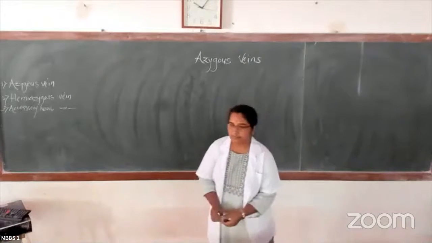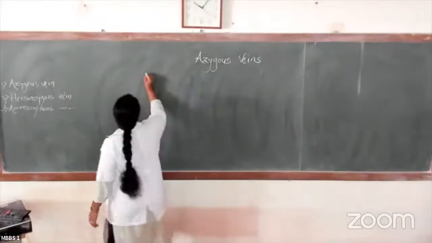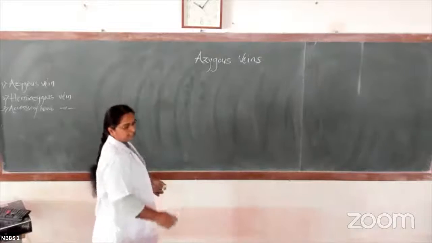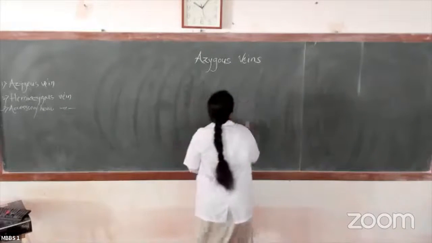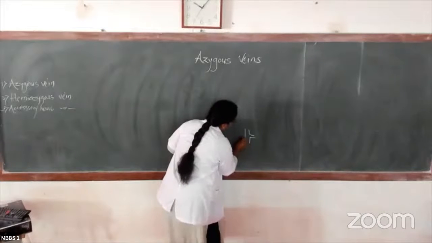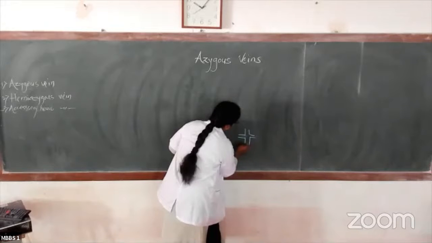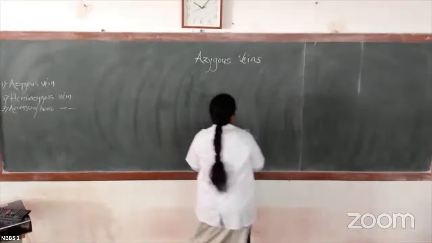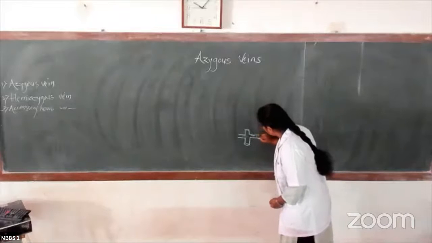First we see the formation of this azygous vein. This is the inferior vena cava. This is the left renal vein.